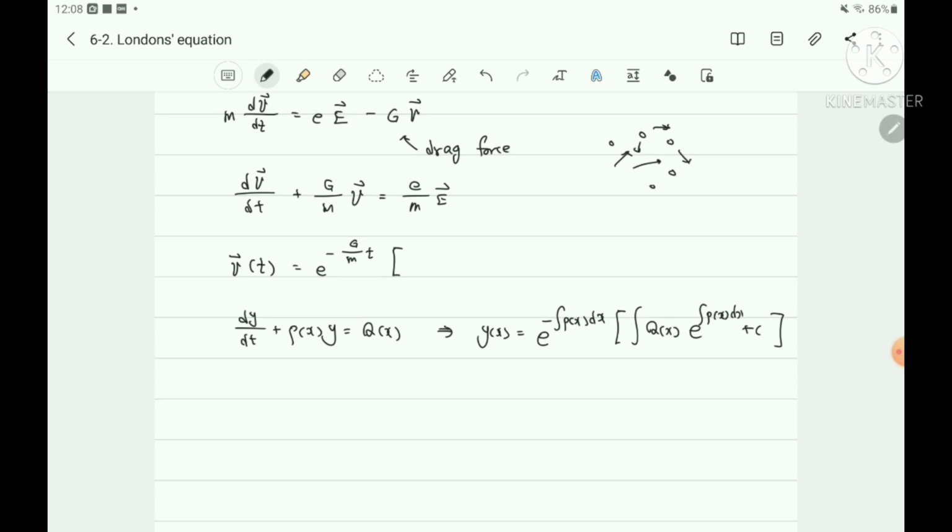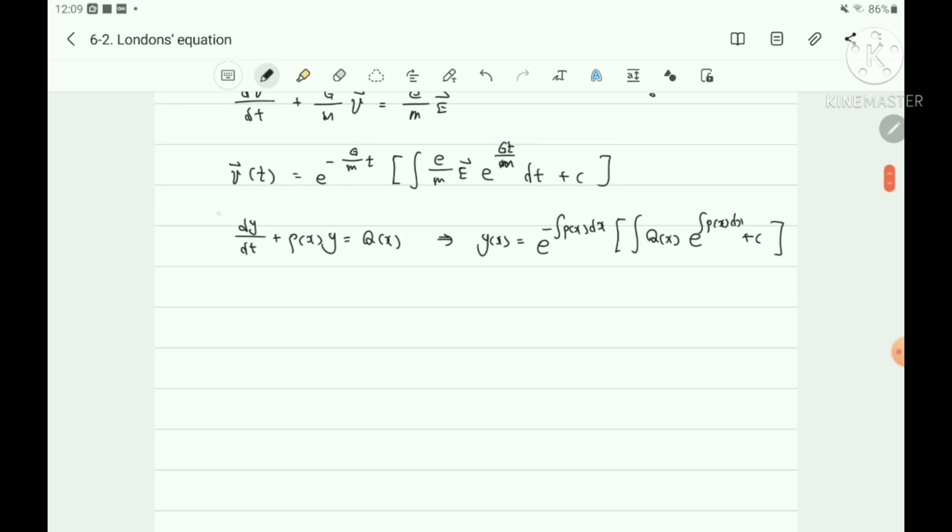Therefore, it is integral e over m E exponential gt over m dt plus c. Therefore, it is exponential minus g over m t, then e over g E exponential gt over m plus c.